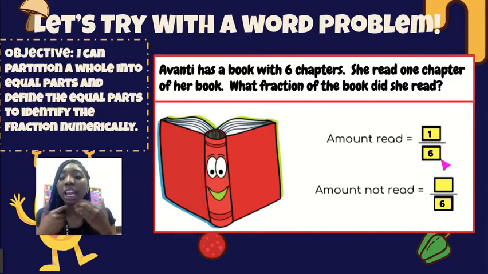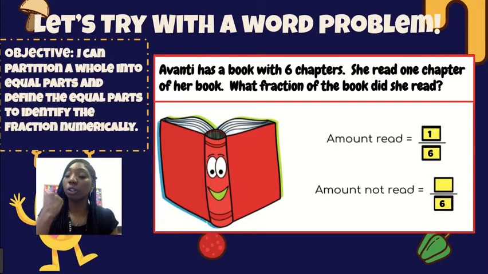So now I have to think, well, how much of her book did she have left? So if I know the whole is 6 and she read 1, I need to find out, well, how many chapters does she still need to read? So I need to find out from 1, what number plus 1 will give me 6? So let's think.